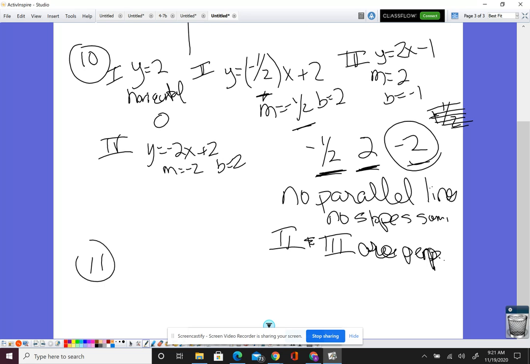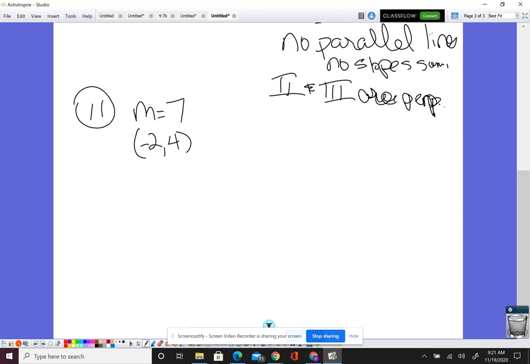Okay, number 11. So we want to write the equation in point slope form. They give us a slope of 7, and they give us a point. They want it in point slope form. They give us a point and a slope, so we use point slope.